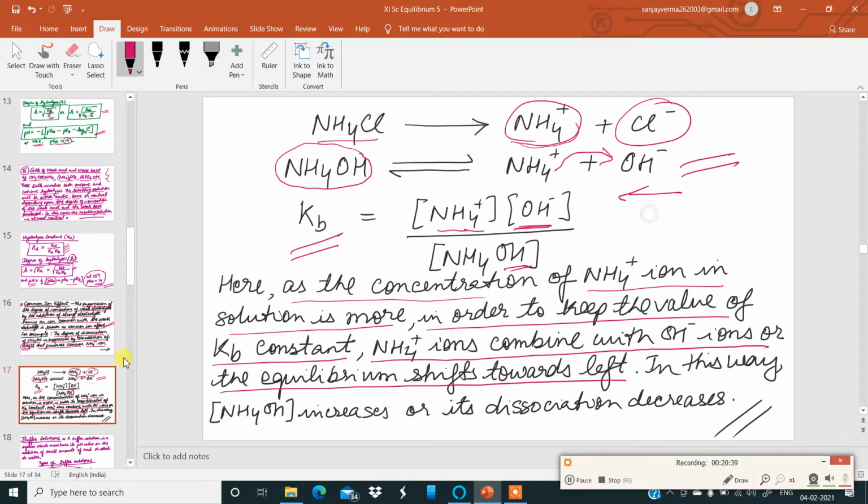Left means in this direction. In this way, ammonium hydroxide increases or its dissociation decreases. So this is called common ion effect. Watch this several times, go back and watch it again and again, you will understand. It is not very difficult at all.